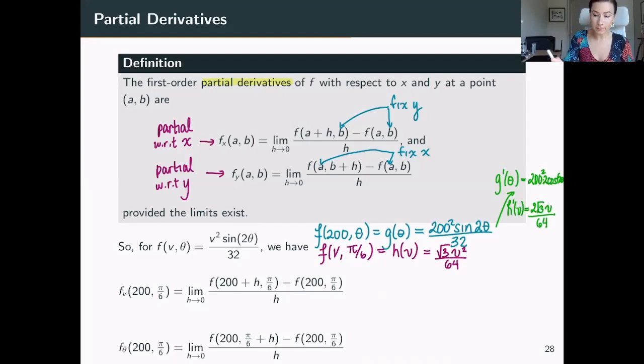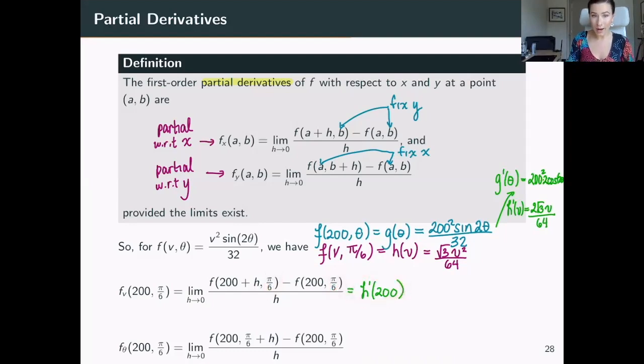Now again, for this definition, what I see is that my value of v is what is changing. So this is just going to be equal to my h prime of 200. I have fixed a value of theta being pi over 6, so this is just h prime of 200.